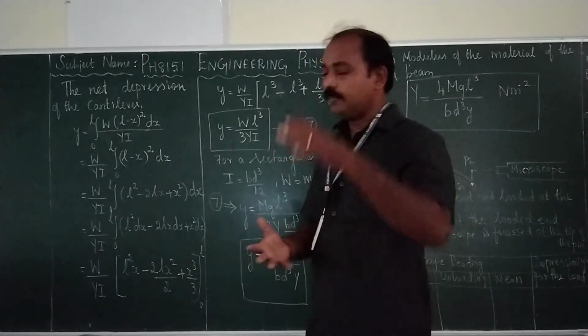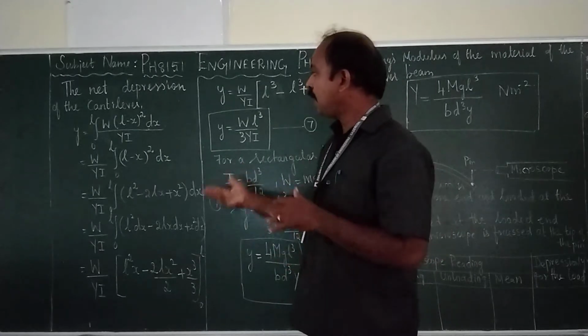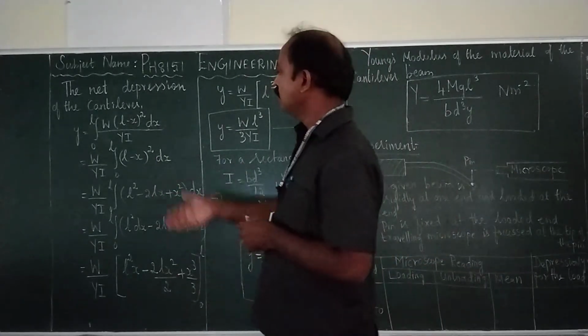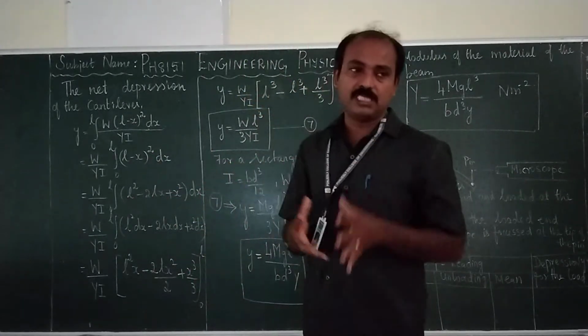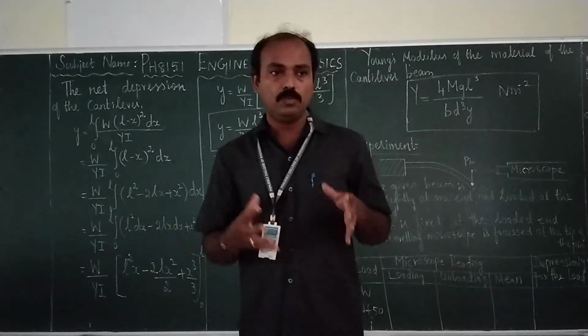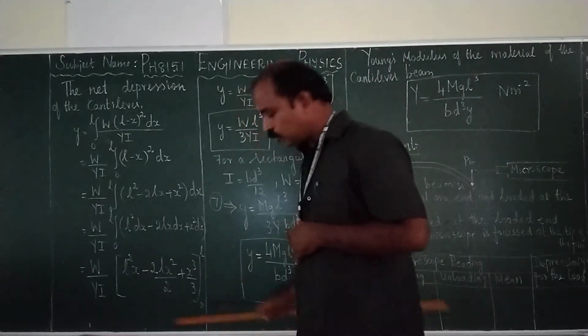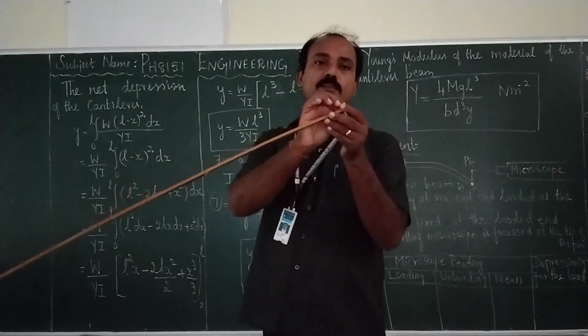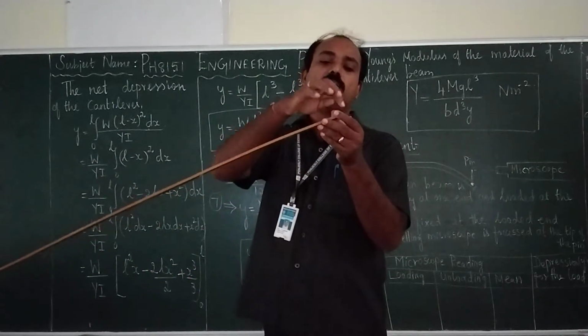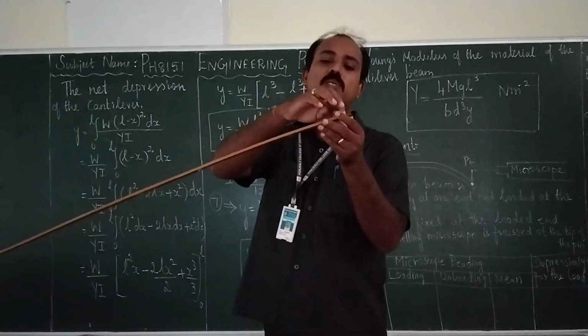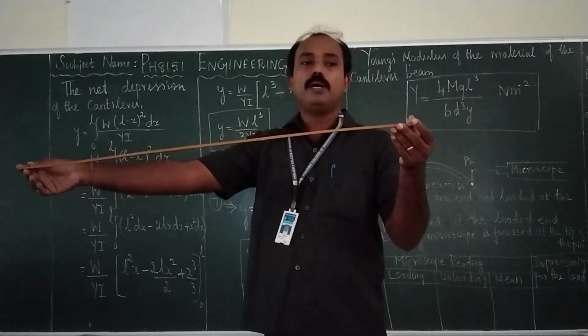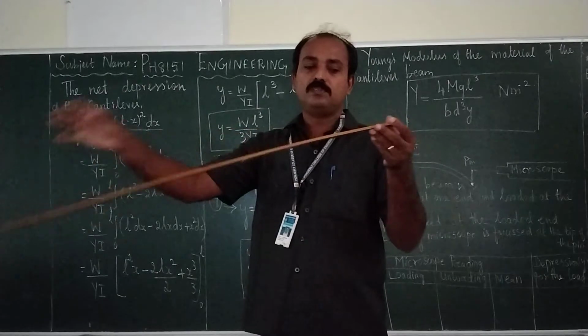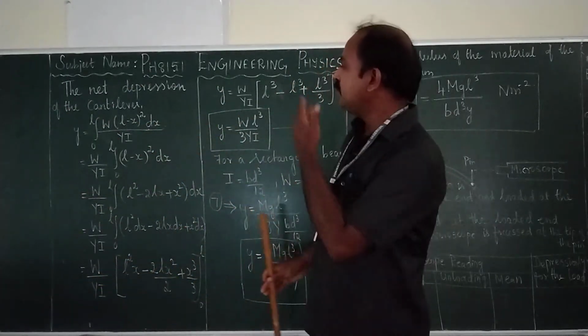So the entire depression is going to be calculated by taking integration whose limit changes from 0 to L. So how to choose this limit? You choose the limit from the starting point of this beam, whose length is 0. Then the end point whose length is L. So in that way the limit is selected.